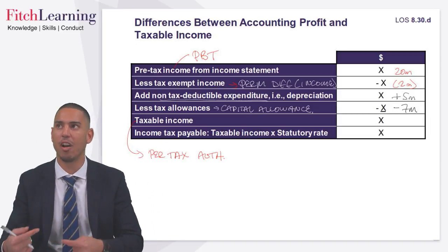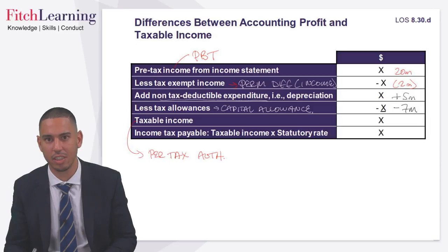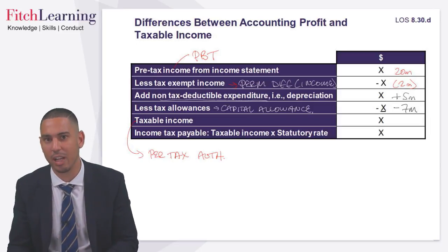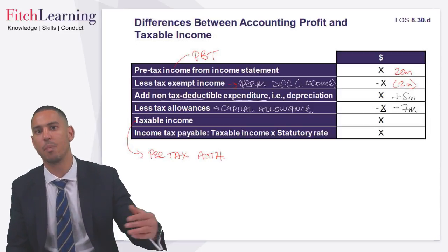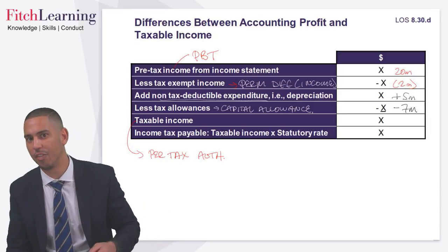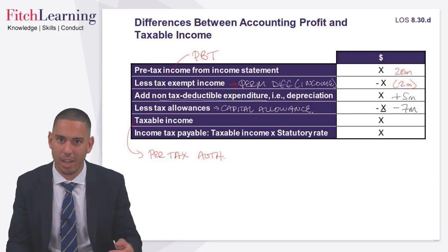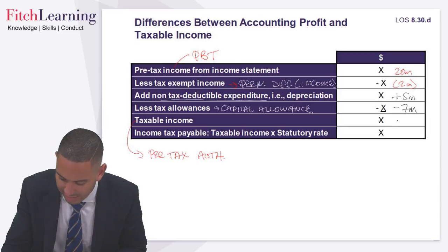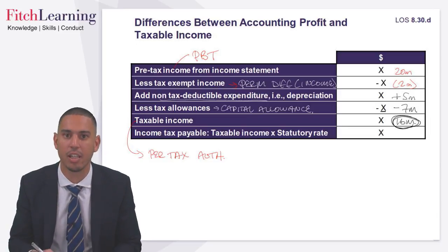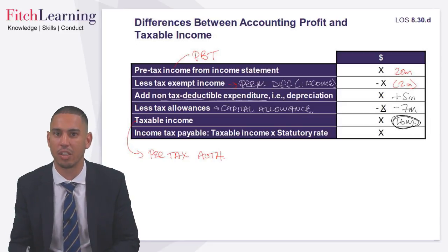And it's a case of running through these different adjustments to say, actually, where do I end up? Well, I've got 20 million minus 2 plus 5 gets me to 23, minus 7 takes me down to 16 million.